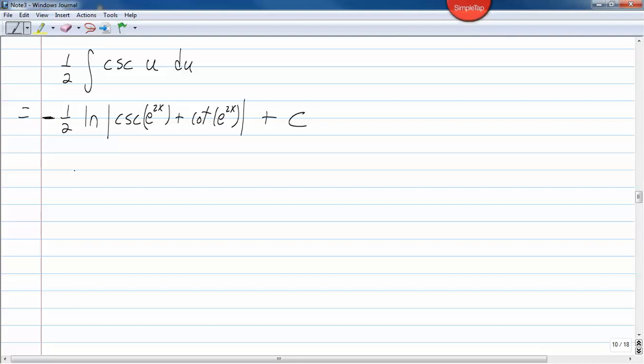But if we have bases other than e, so I'm going to say derivatives of bases other than e.